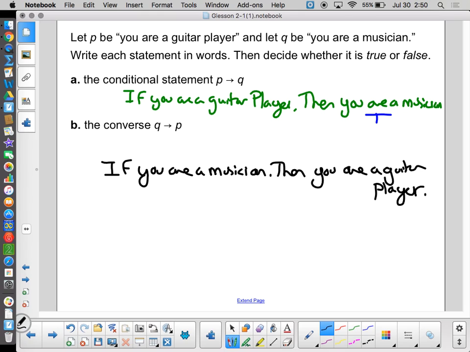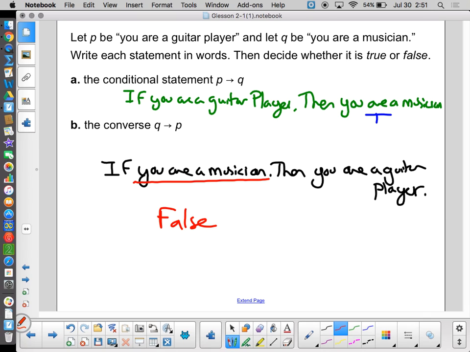In this case, I'm going to say that the converse is false. If I'm going to say it's false, I have to give an example of how it's false, and that example is called a counterexample. The counterexample must still satisfy the hypothesis. The person would still have to be a musician, but contradict the conclusion that the person is a guitar player.